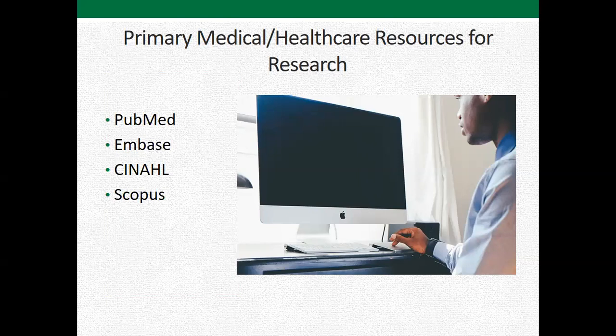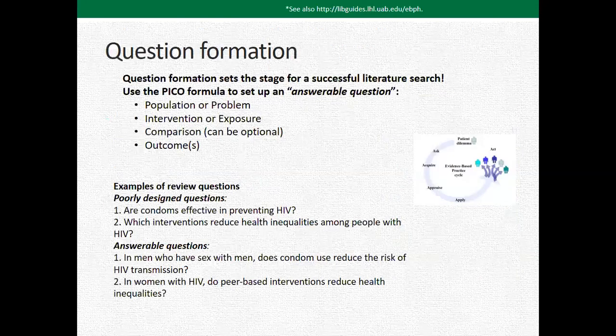CINAHL, which is a nursing and allied health literature database. And Scopus, which is a broad interdisciplinary citation and abstract database. I don't have time today to go through all of these, but I'm going to focus more on PubMed, but the approaches that I do in PubMed should be translatable to the other databases as well. And of course, we can sit down with you and talk about those whenever you get ready for that.